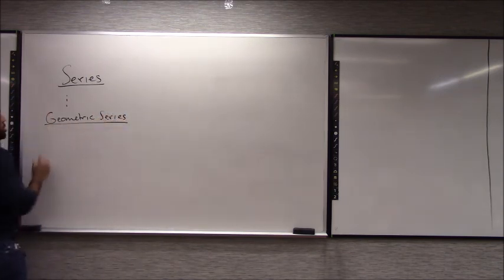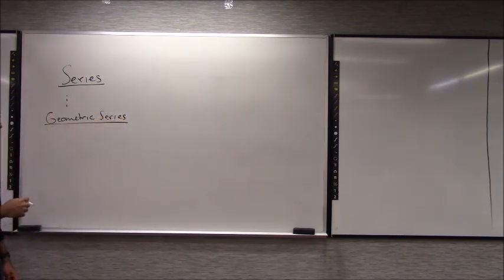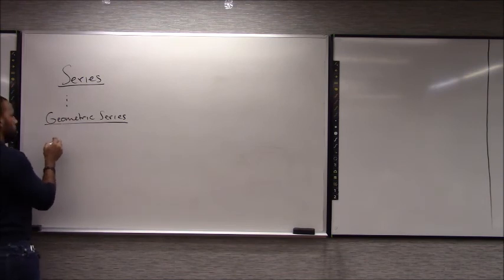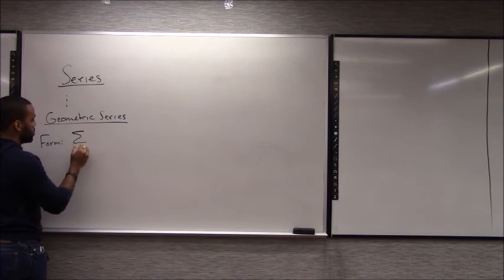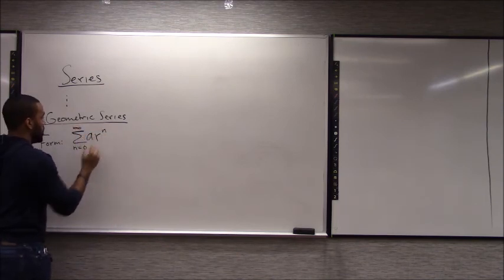I left you some examples to do there, but I said I would talk about that a little bit more. So this series has a very specific form. N goes from 0 to infinity of a r to the n.